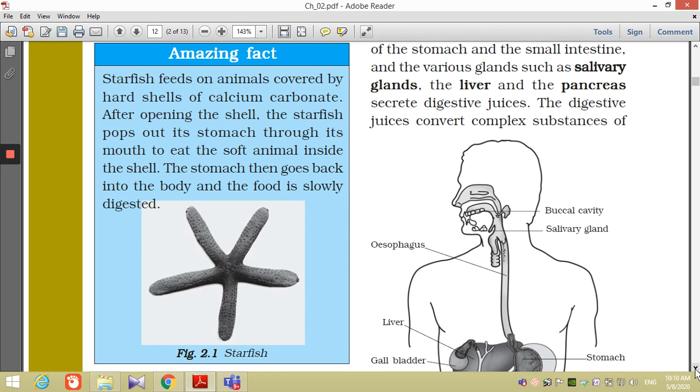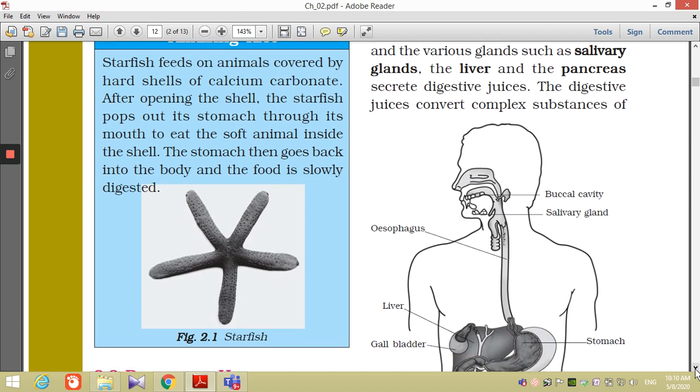Starfish feeds on animals covered by hard shells of calcium carbonate. After opening the shell, the starfish pops out its stomach through its mouth to eat the soft animal inside the shell. The stomach then goes back into the body and the food is slowly digested.